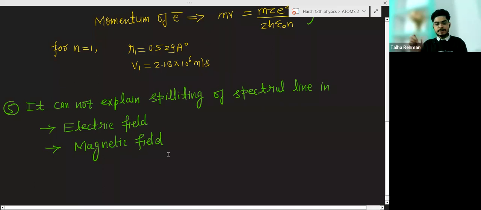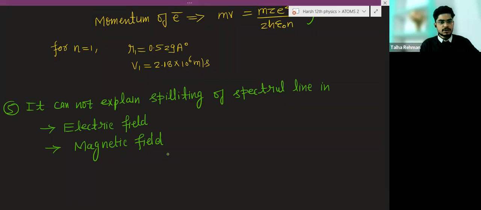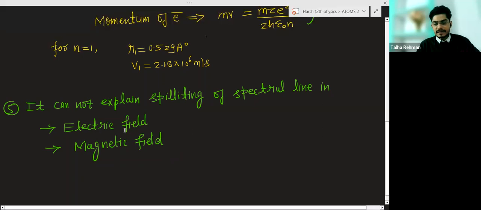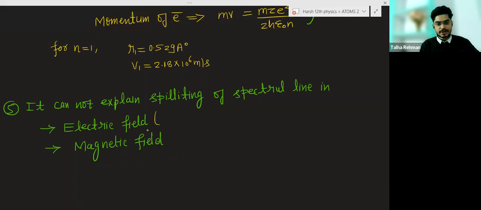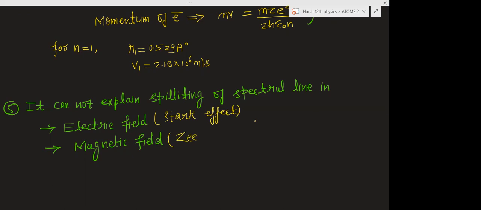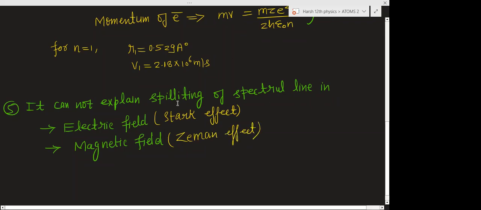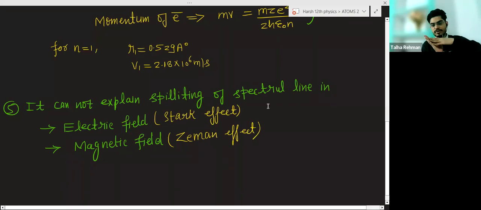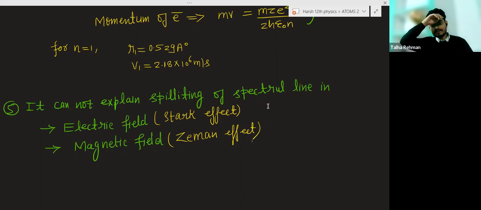The splitting of a spectral line in an electric field is known as the Stark effect, and the splitting of a spectral line in a magnetic field is the Zeeman effect. So this model cannot explain the splitting of the lines in the electric field and the magnetic field.